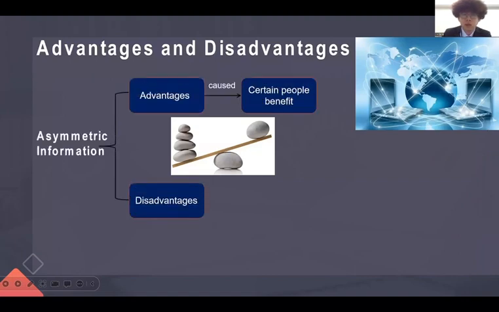Asymmetric information isn't necessarily a bad thing. In fact, growing asymmetrical information is a desired outcome of a healthy market economy. As workers strive to become increasingly specialized in their chosen fields, they become more productive and can consequently provide greater value to workers in other fields.